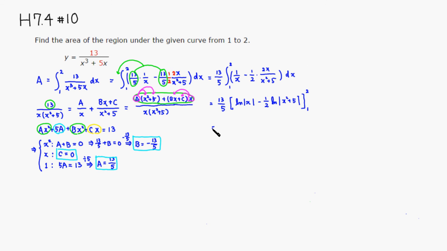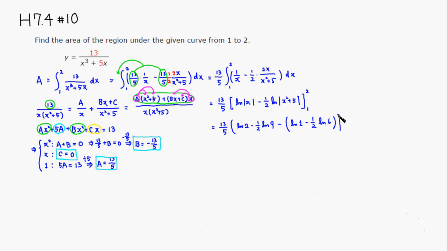Plug it in: if you plug in 2, you have the natural log of 2 minus 1/2 natural log of 2 squared, 4 plus 5, so the natural log of 9. And a minus: plug in 1, so you get the natural log of 1 minus 1/2 natural log of 6.